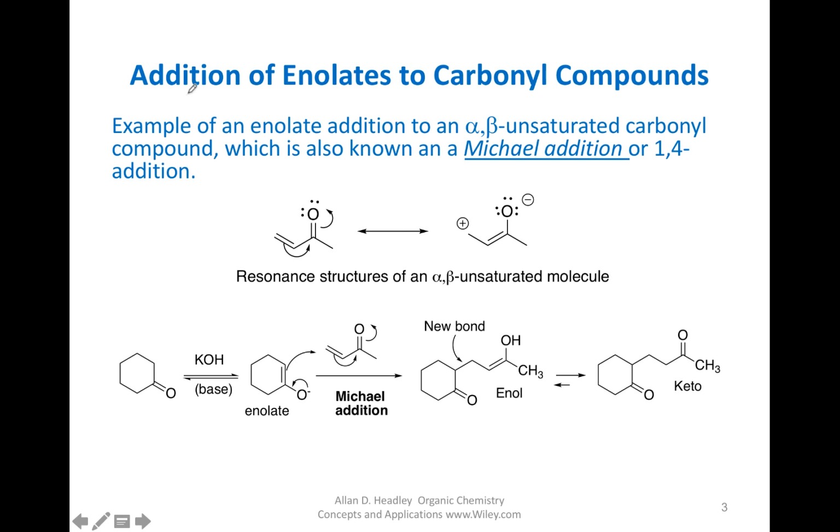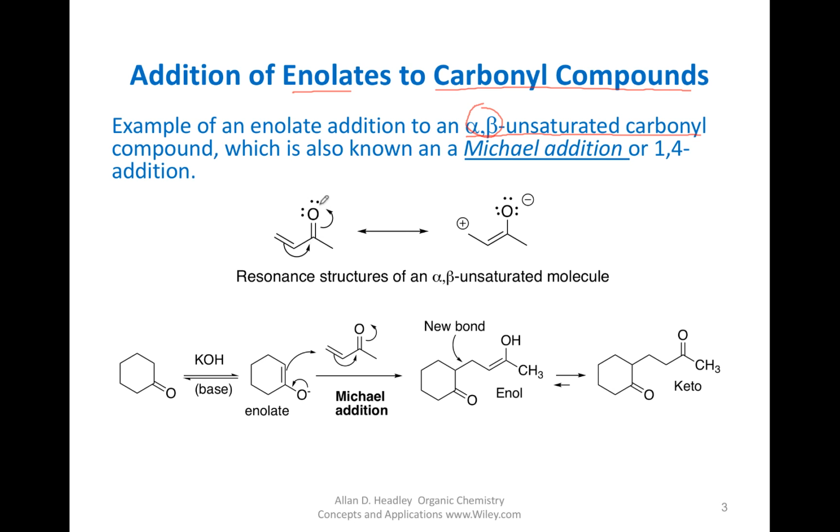Let's look here at the addition of enolates to carbonyl compounds. In this case, the carbonyl compound is an alpha beta unsaturated carbonyl. So here we have a term, alpha beta unsaturated. Here's an alpha beta unsaturated carbonyl.